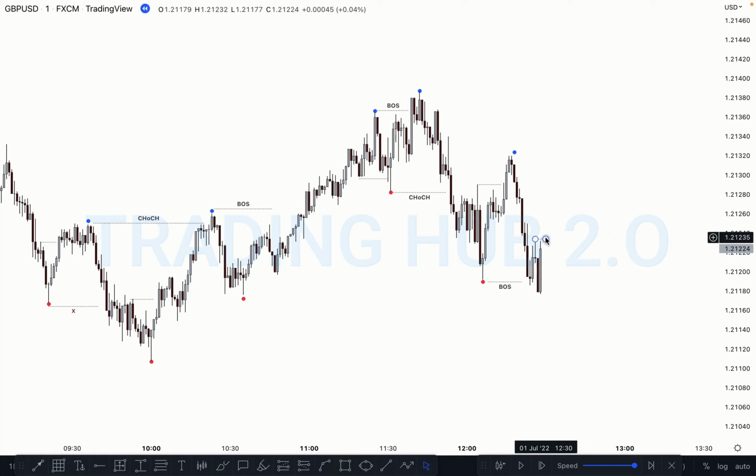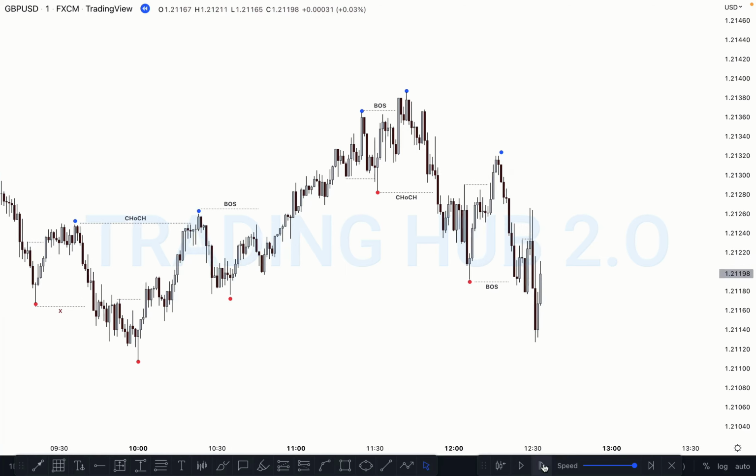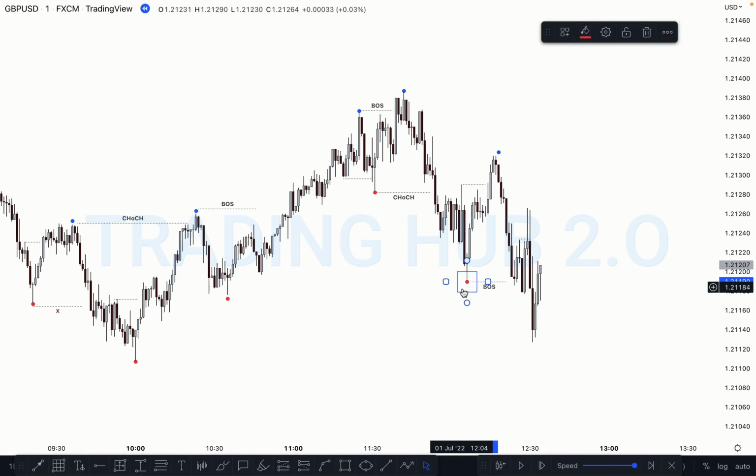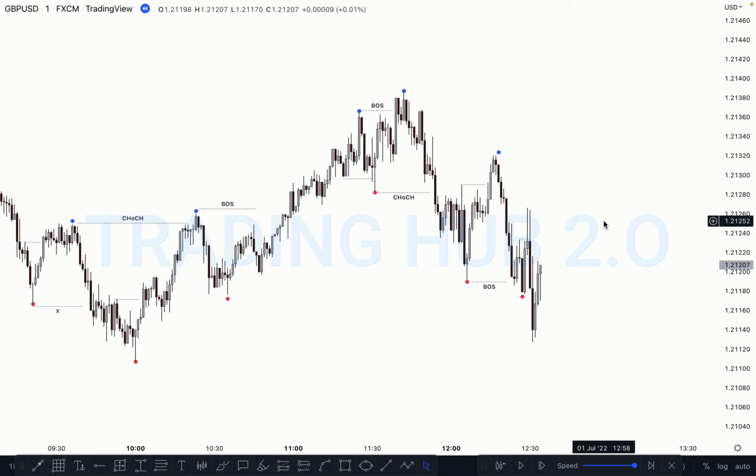If the market breaks this high, this one is called a lower low. Let's see. Okay, finally it broke this low, correct? So this move is known as like this, correct? So this is a lower low and this is a lower high, okay?